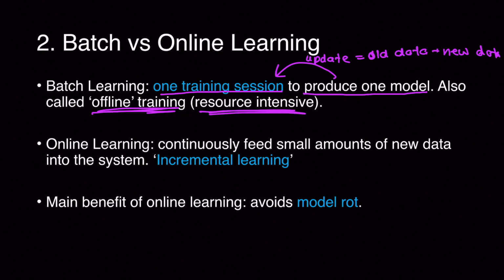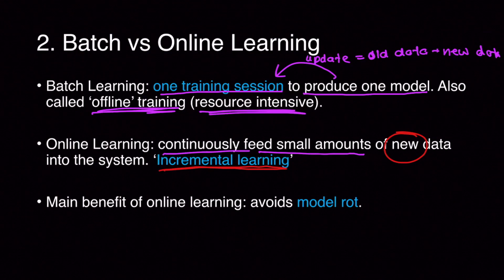The opposite of batch learning is called online learning. And this is a process of continuously feeding small amounts of, and this is very important, small amounts of new data into the system. What you are doing essentially is incremental learning.